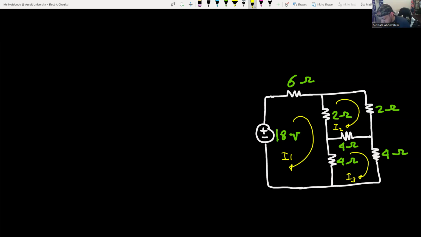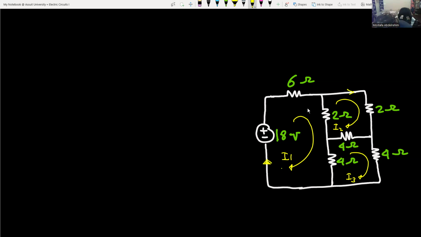Find the meshes. We name the current of the first loop on the right-hand side I1, the second one I2, then I3. So where are I1, I2, I3? I1 will be the current that flows in a branch that is not shared with any other mesh. So I1 is flowing in the branch that contains the battery, because this branch is not shared with any other mesh.